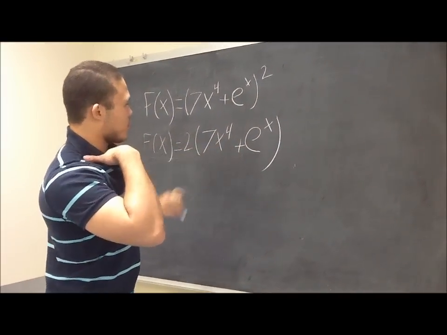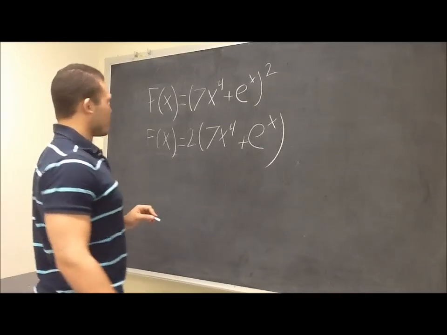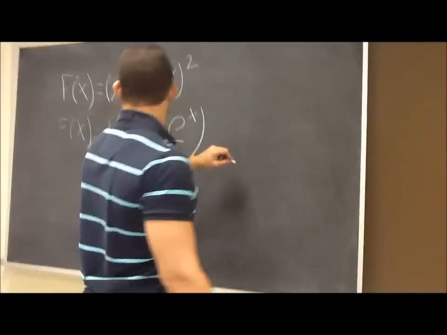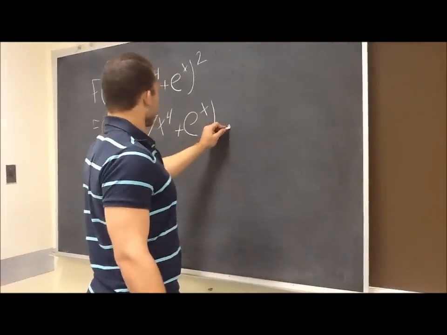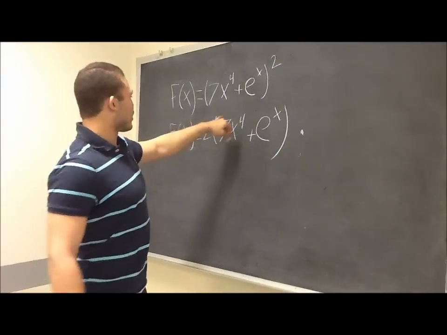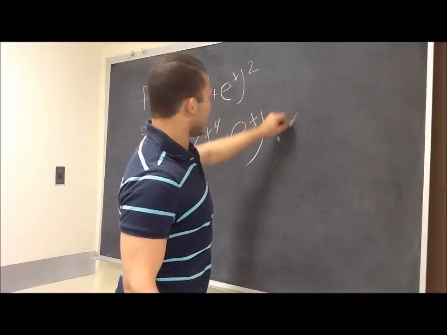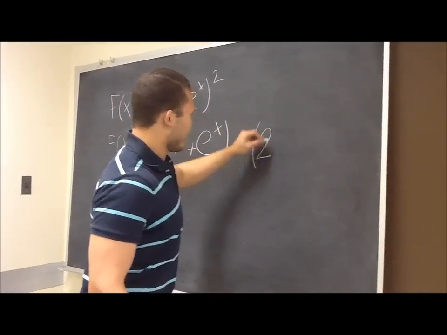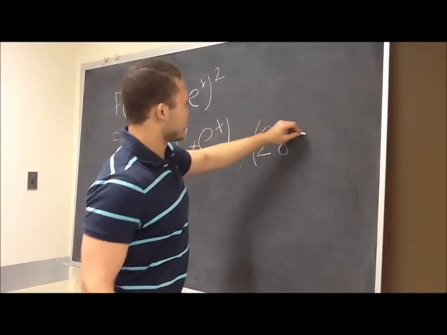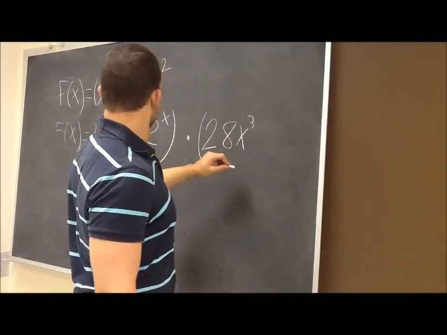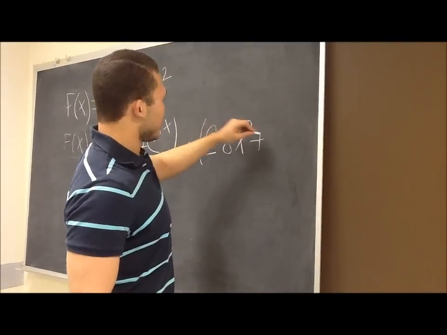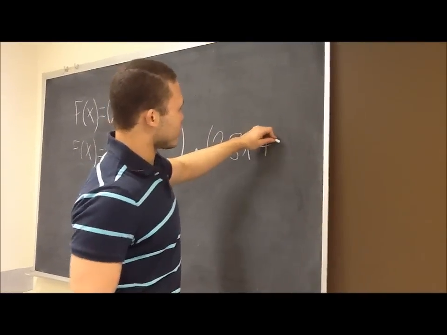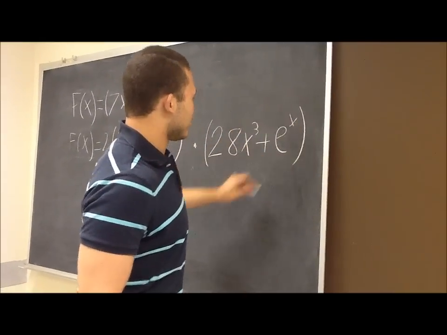And now we do the derivative of the inside, which should be, what is it? So yes, we first got to bring down the 4. So it'll be 4 times 7 is 28x cubed plus the derivative of e to the x is e to the x.